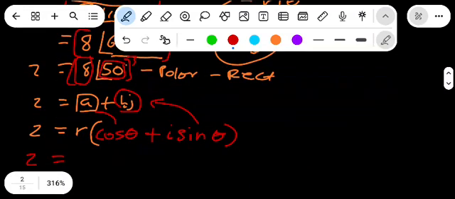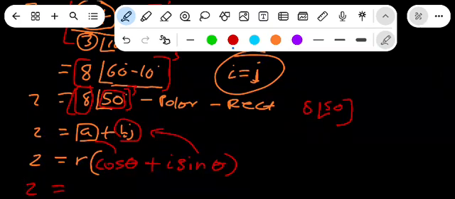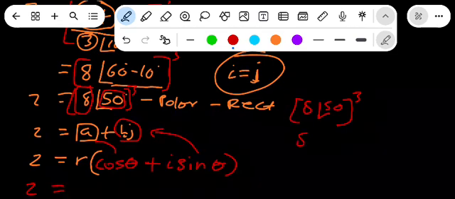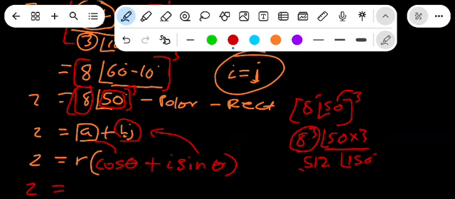So we have 8 raised to the power of 3, and we multiply the angle by 3. 8 cubed is 512, at an angle of 50 times 3, which is 150 degrees.